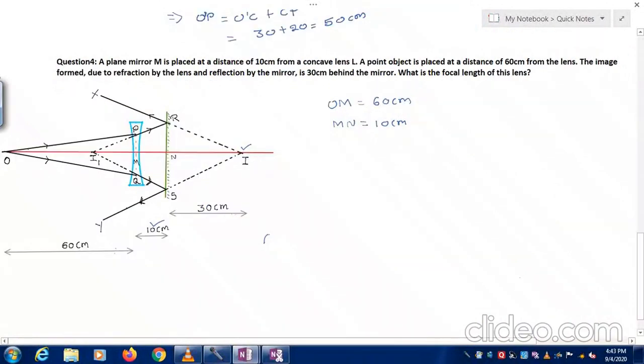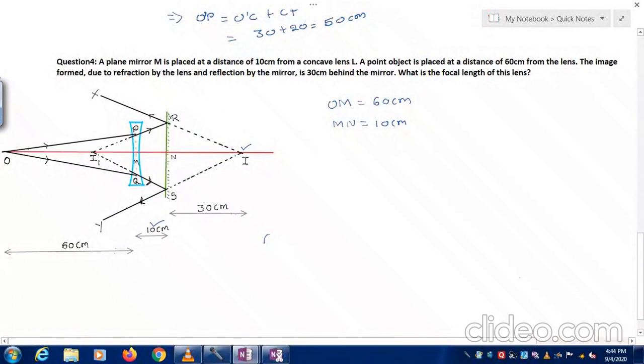And so let us see the diagram properly. So here O is the object which is at a distance 30 centimeter from the convex lens. Now there is a mirror at a distance 10 centimeter from the lens. Now the image is formed at a distance of 30 centimeter behind the mirror.